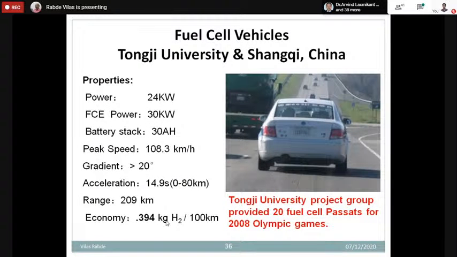Fuel cell vehicles are also gaining popularity, and they are popular in Tongji University and Shanghai, China. They have developed a 24 kilowatt fuel cell, and a project group provided 20 fuel cells for the 2008 Olympic games. So this was the car developed during the Olympics.